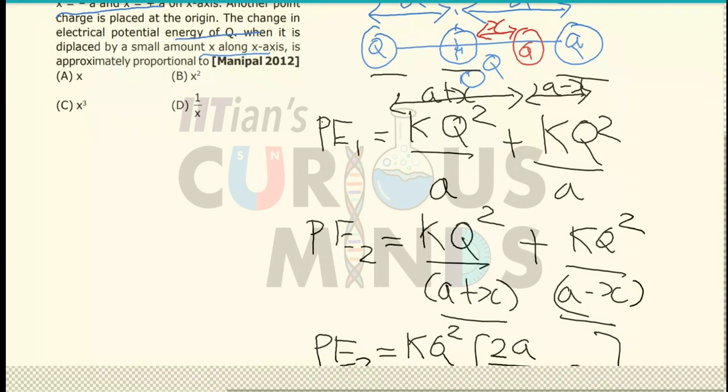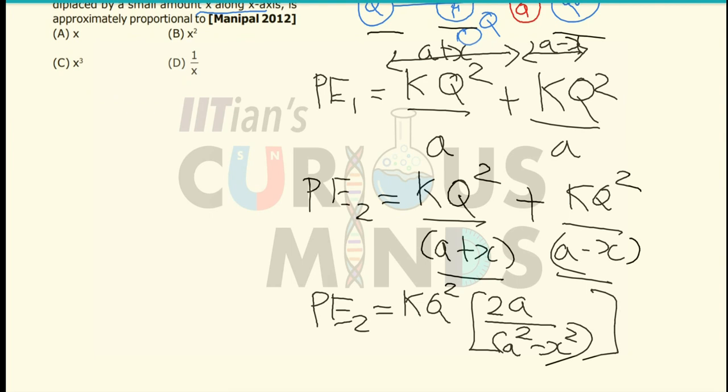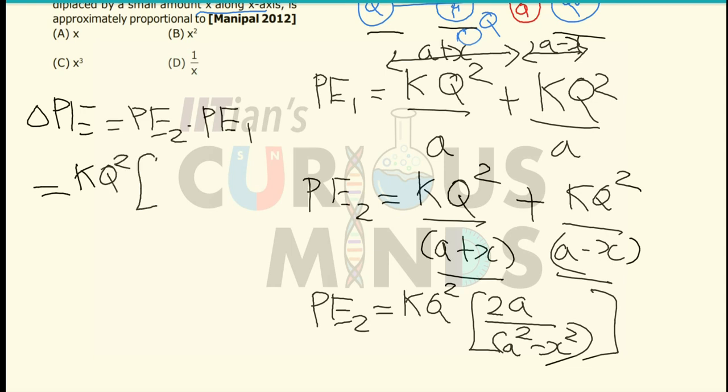Now we have to find out the change in the potential energy. The change in potential energy will be equal to potential energy in the second case minus potential energy in the first case, which is kq squared times 2a divided by a squared minus x squared, minus 1 by a.